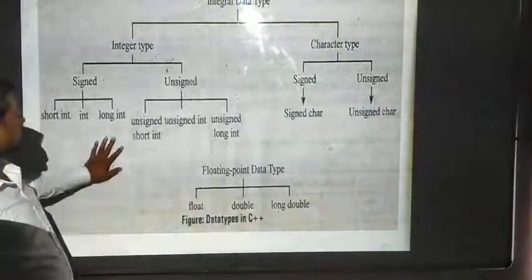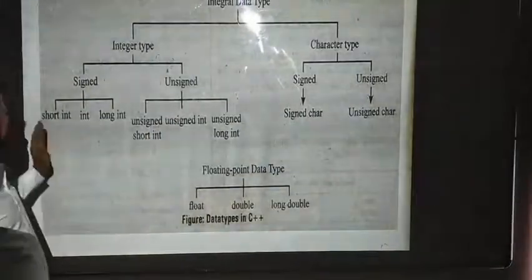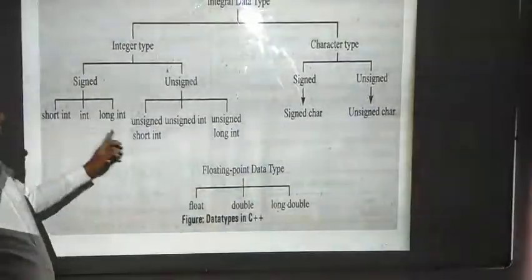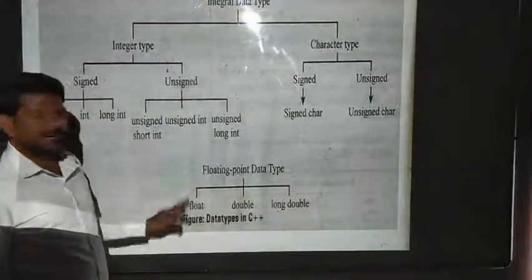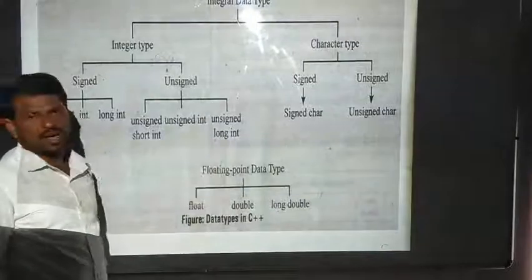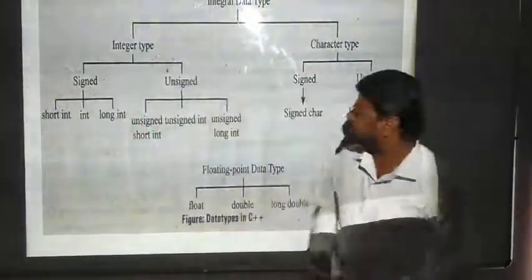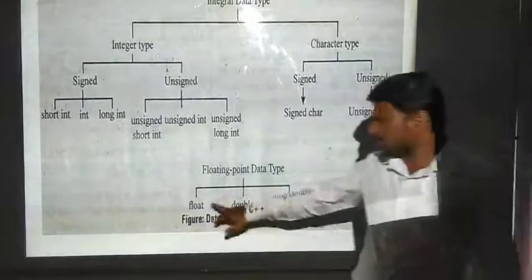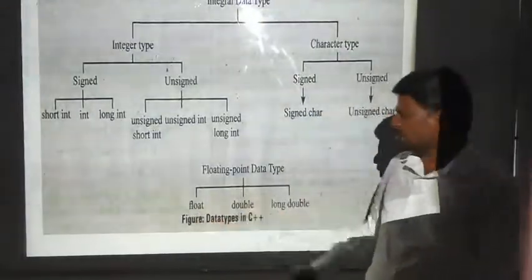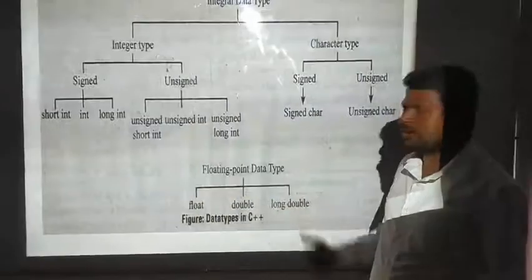Signed is categorized into short int and long int. Unsigned is categorized into unsigned short int, unsigned int, unsigned long int. For character type, there are signed character and unsigned character. For floating point data type, you can see float, double and long double.